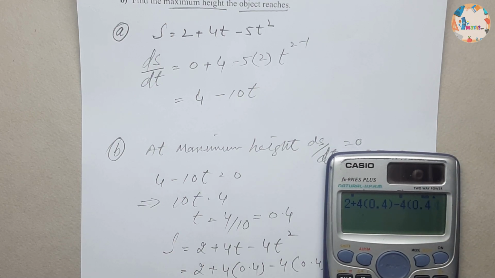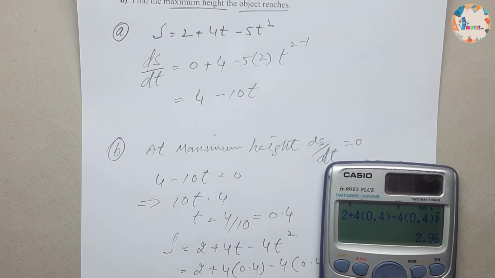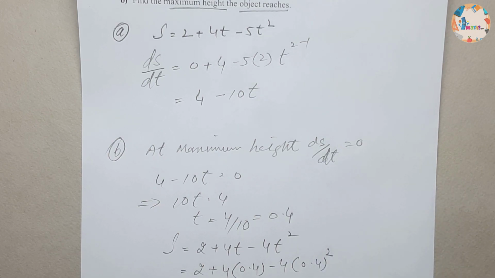This will be equal to 2.96. Basically we have done a small mistake. This is not 4t square, this is 5t square.